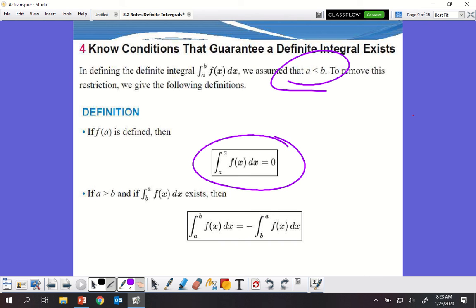So if a is bigger than b, I could switch my bounds. But if you switch the bounds, you put a minus sign out front. That's all you're doing. So we'll work with that a lot more later.